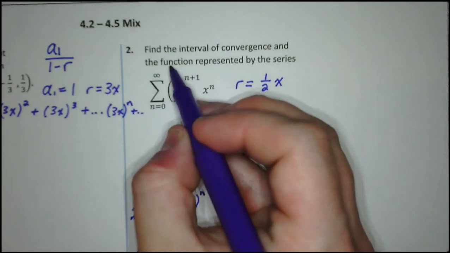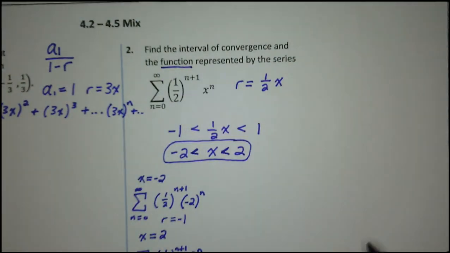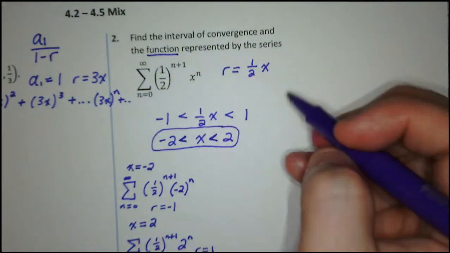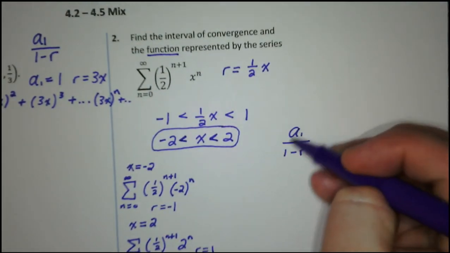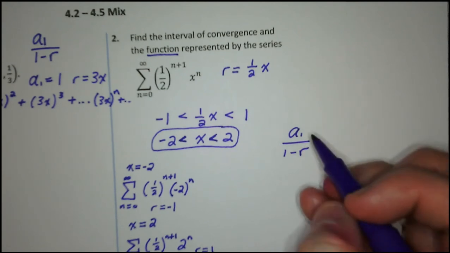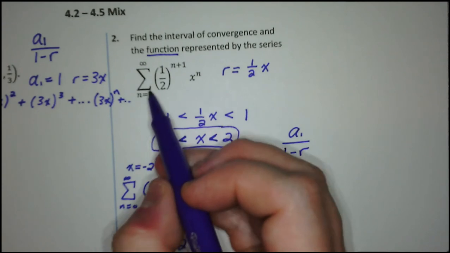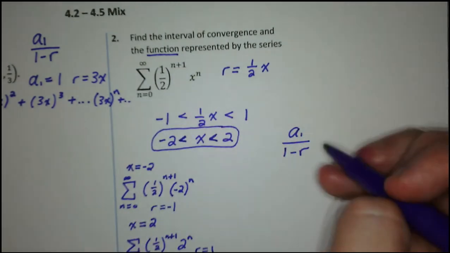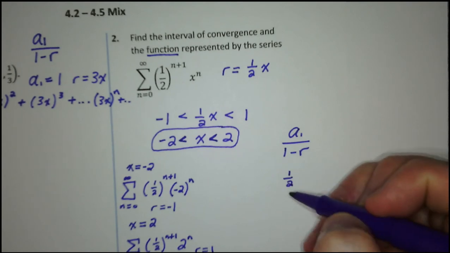Now the other half of this question was the function that this is represented with. And so remember this whole geometric thing, you use this as a template for the function. So we have our first term. What would our first term be? If we plugged in 0, I think we would get 1/2, right?